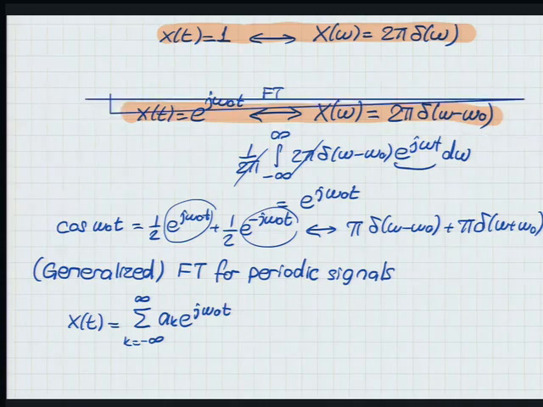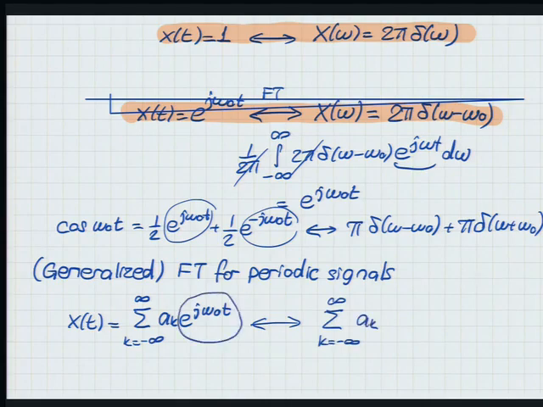Anyway, okay. So using that property, which I could not box properly, what would you say the generalized Fourier transform is? Linearity. So linearity tells us it's going to be a sub k times the individual Fourier transforms of these guys.